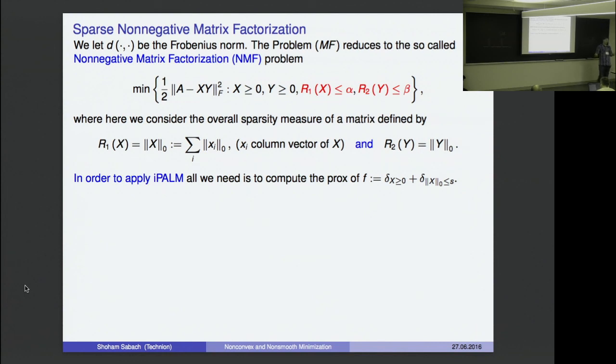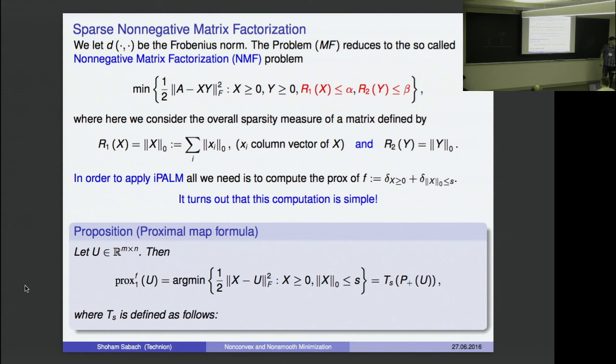In general, computing the proximal mapping of a sum of two functions could be quite difficult. But lucky for us, we found a very simple formula for how to compute this proximal mapping. Because of the special structure of these two sets, the computation reduces to the following two simple computations.